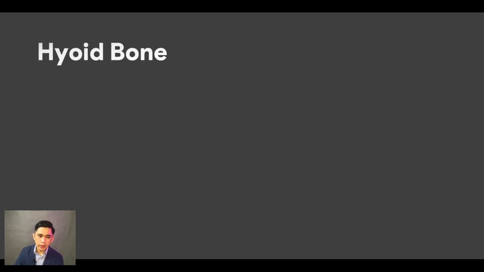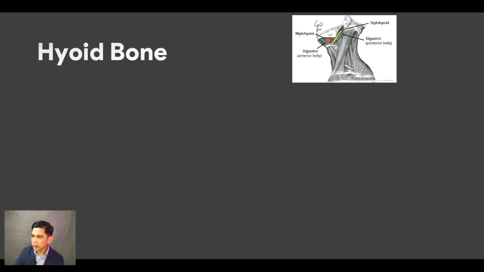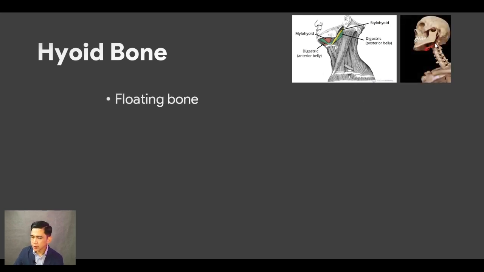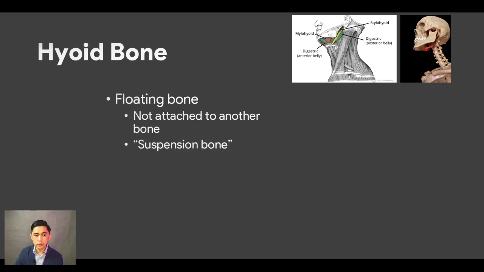Now let's talk about the hyoid bone, going downward. So we have here the hyoid bone. Hyoid bone is a floating bone. It doesn't have any connections to other bones. It's just a floating bone. And I like to call it a suspension bone because it is suspended by the muscles above and muscles below.